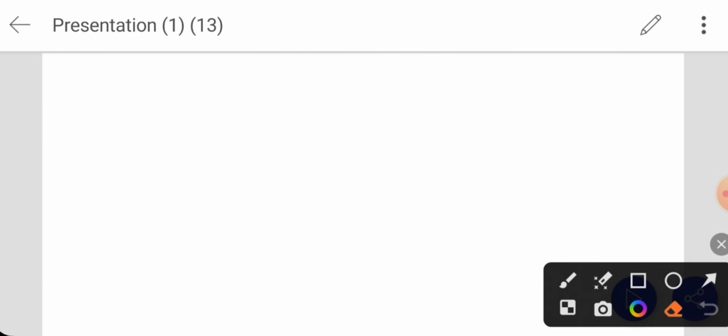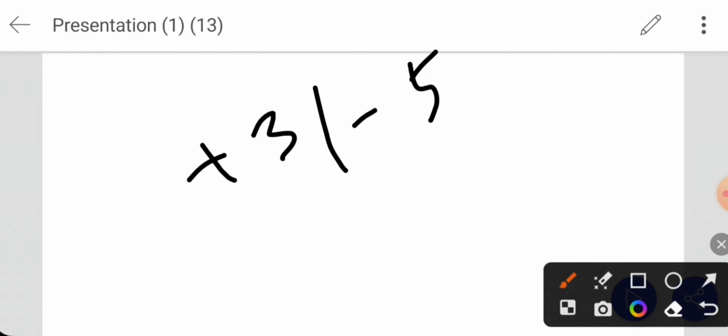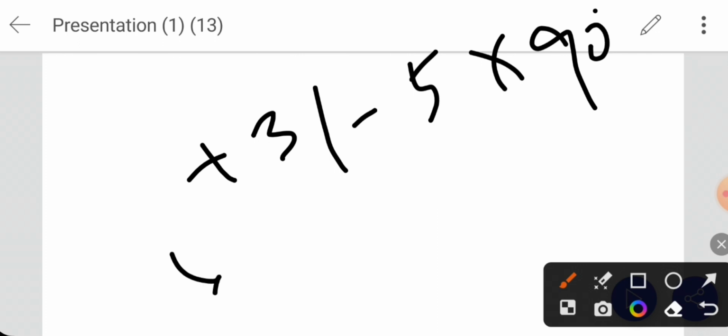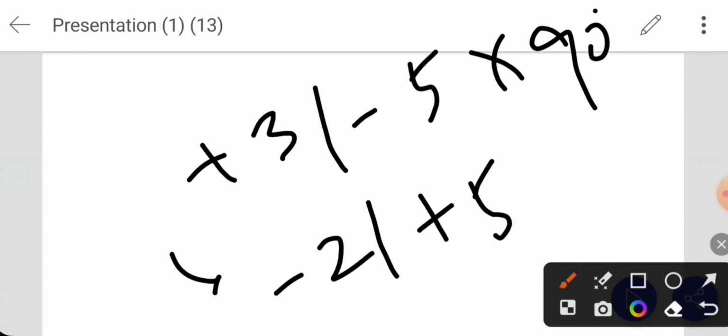Here I also want to give you another example of mixed astigmatism. That is +3 with -5 at 90. By seeing this, it is definitely a mixed astigmatism. If you do the transposition, both plus signs will not come, it will be only plus and minus, like here -2 with +5 at 180 degree.